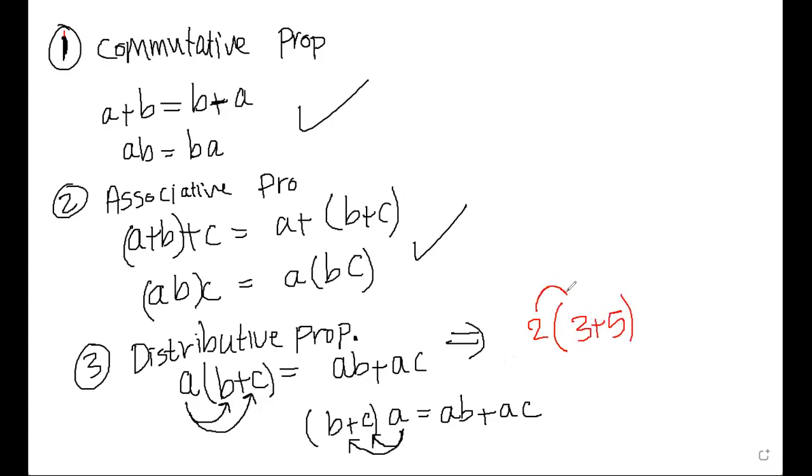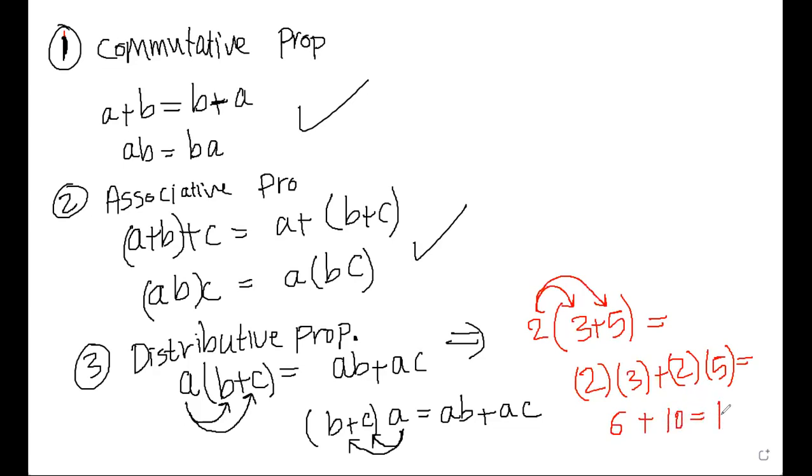I distribute the 2 to both terms inside the parentheses, and it gives me 2 times 3 plus 2 times 5. 2 times 3 is 6, plus 2 times 5 is 10, and this equals 16. This is called the distributive property.